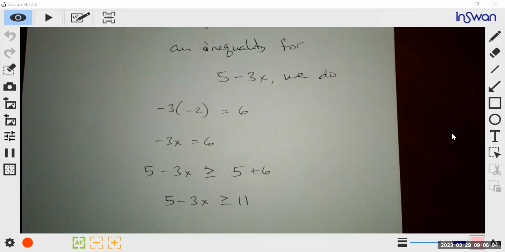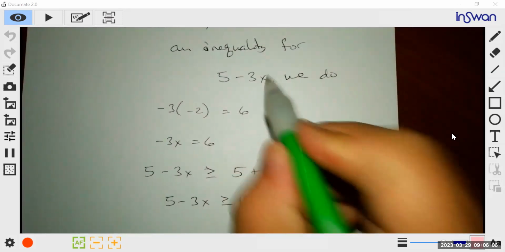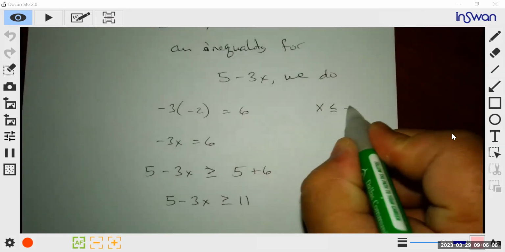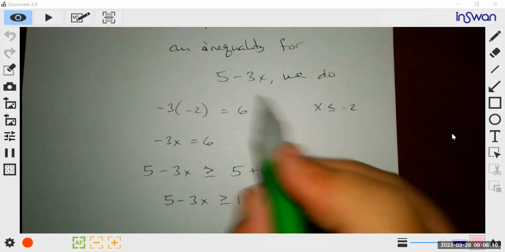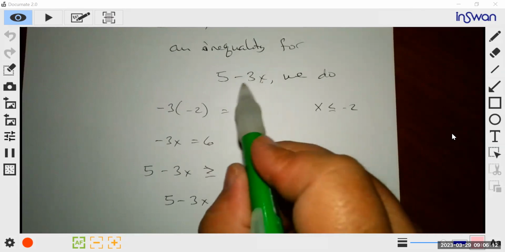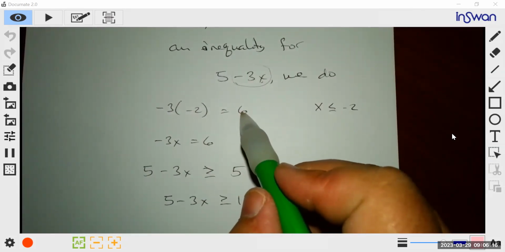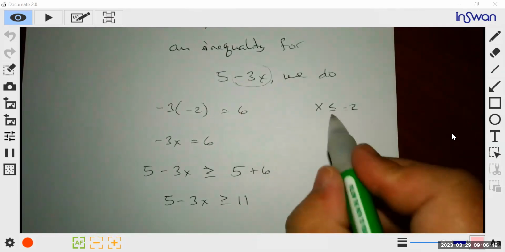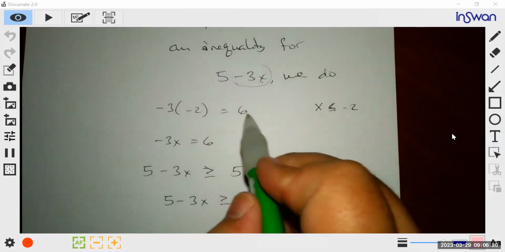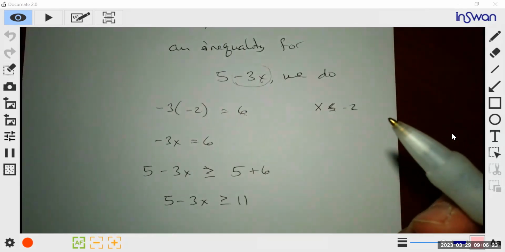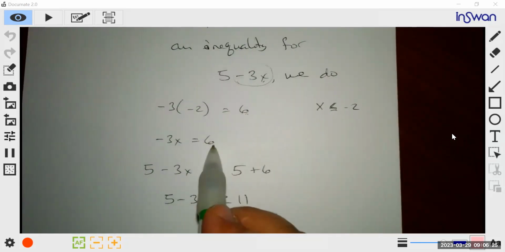Yeah, so what we did here is, since we're saying x is less than or equal to -2, if I plug in -2 in place of x, this number here will equal 6, because x is less than, so this is the biggest it can be.